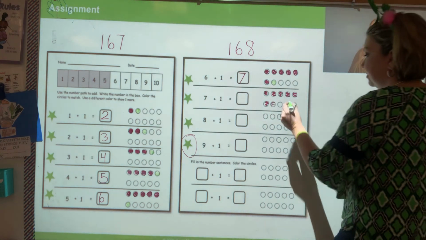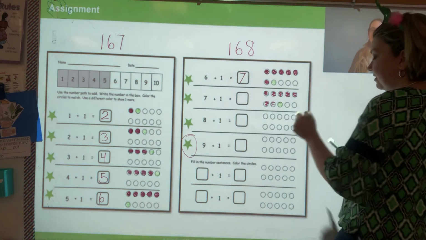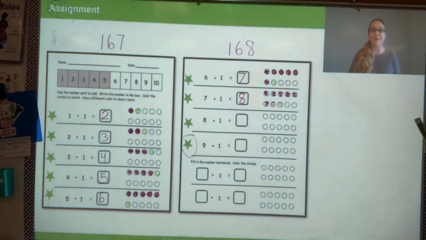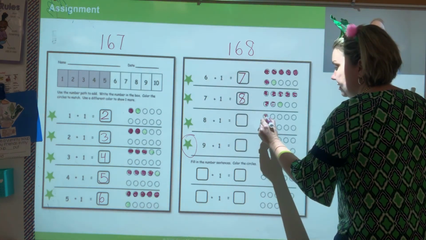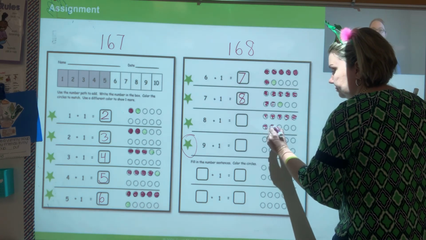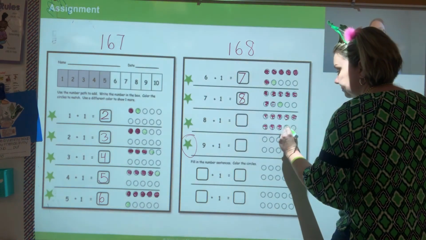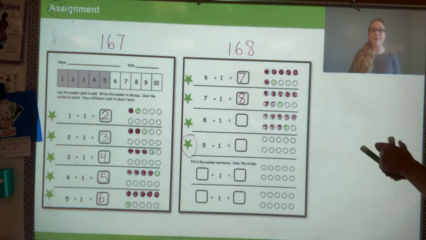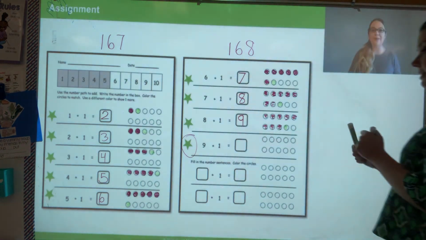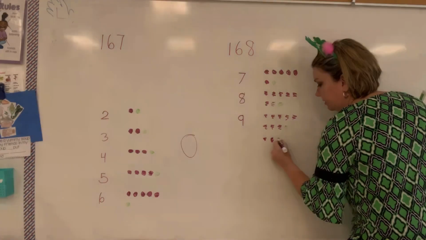And one more leaves us with 5, 6, 7, 8. Now we color in 8. And one more, which will leave us with 9. 1 more than 8 is 9. Now we color in 9.